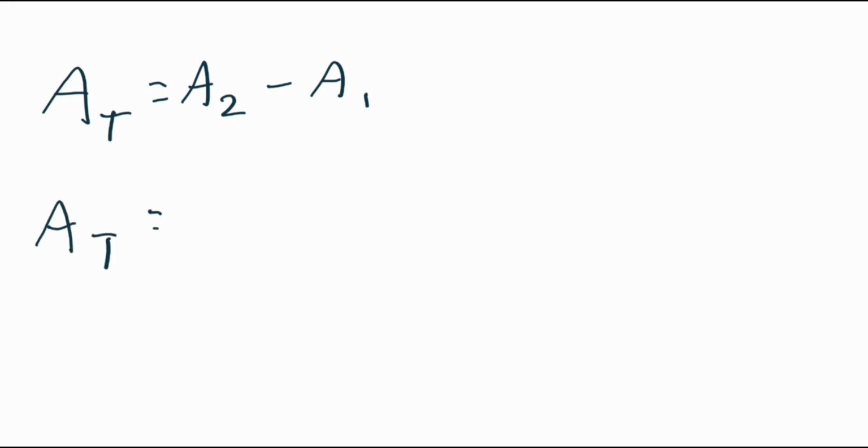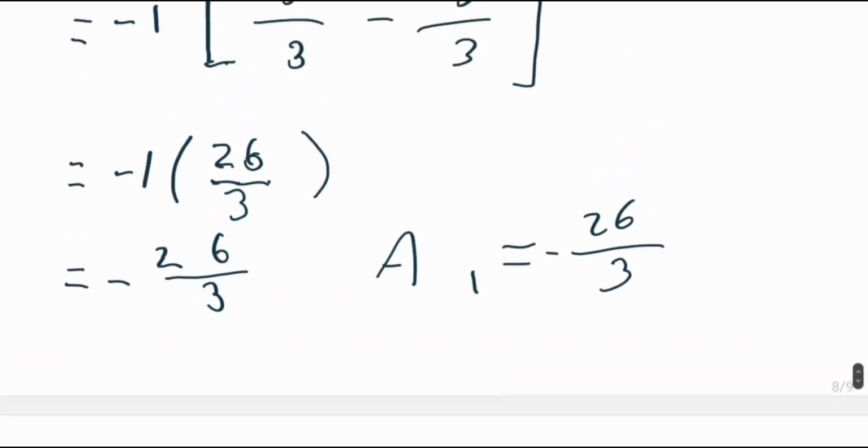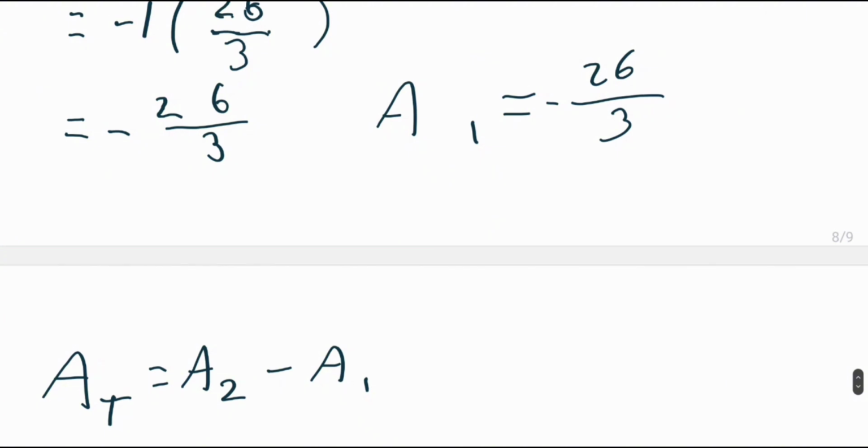Great. So our equation that we were using before to find the total area was area 2 minus area 1. So area 2 is 4.5 minus negative 26 over 3.